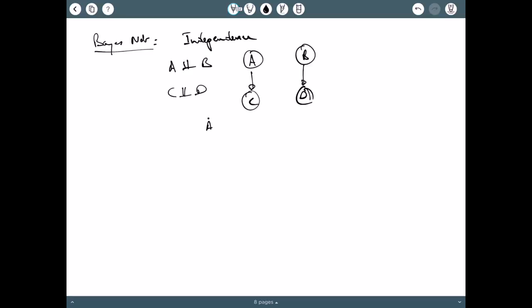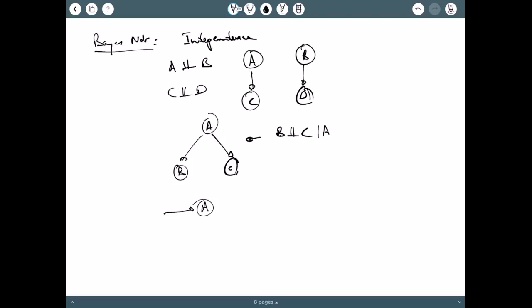The other pattern we have is the parent of multiple children. So here, for example, A is the parent of B and C. This means that B is independent from C conditionally to A. That's also something you encode with the following kind of network.